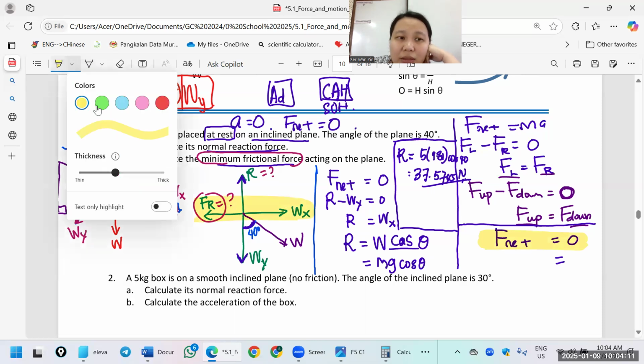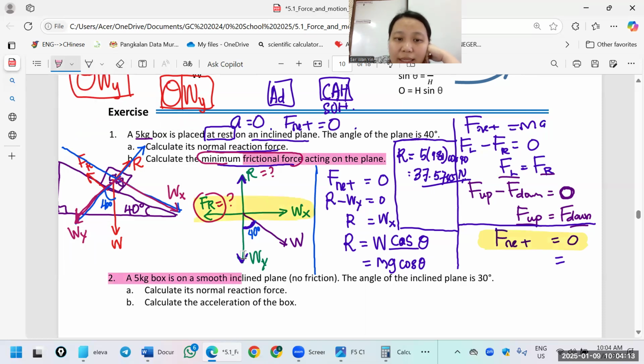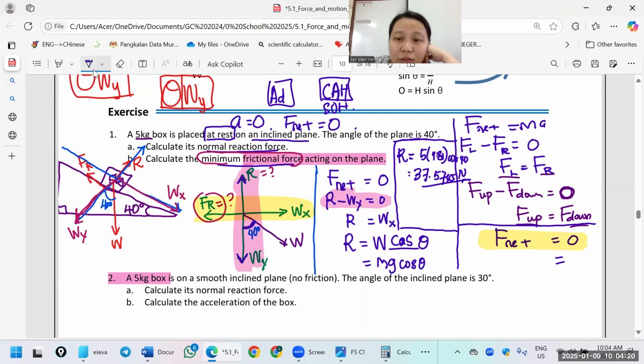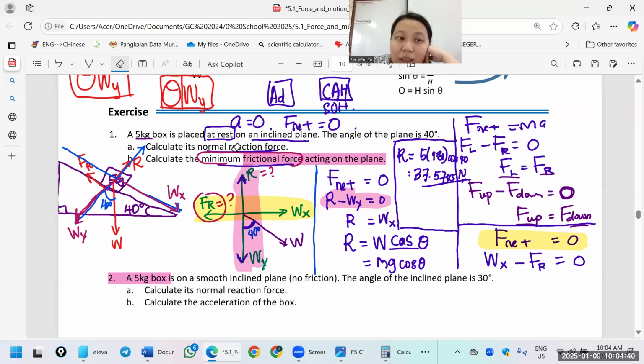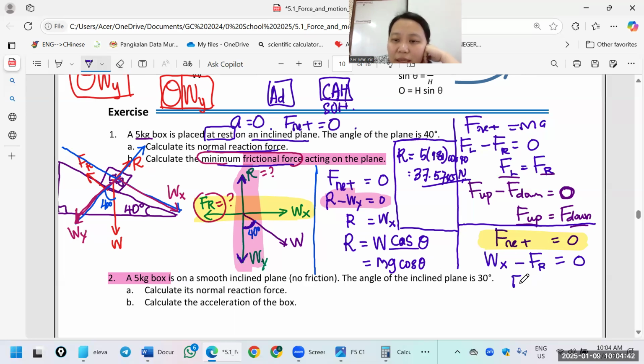So just now is vertical one, now horizontal. So now net force will be Wx because it might go down, but now it's at rest. But at rest, doesn't matter if you write Wx minus Fr equals to 0 or Fr minus Wx equals to 0. We want Fr, so Fr will equal to Wx.